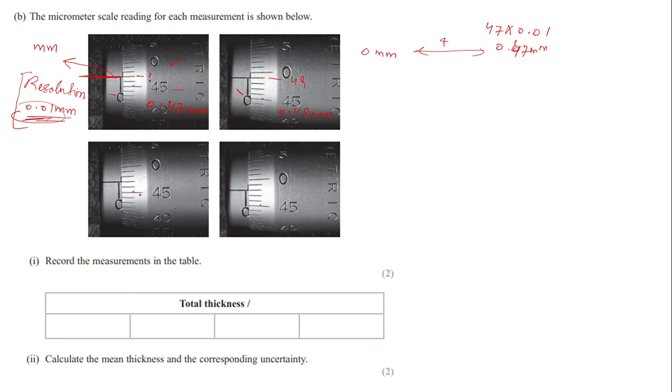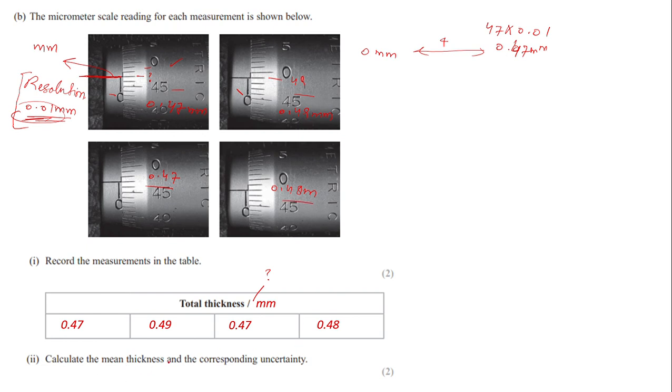This is again 0.47 millimeter, and this is 0.48 millimeter. That's what you can fill. But remember, whenever you are completing a given table, if some units are missing, you should write the unit here. So the readings are 0.47, 0.49, 0.47, 0.48.